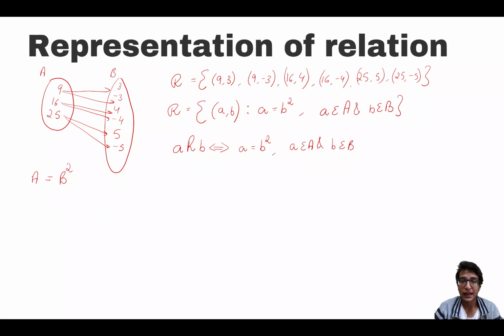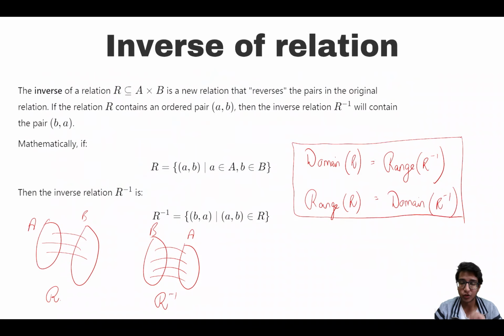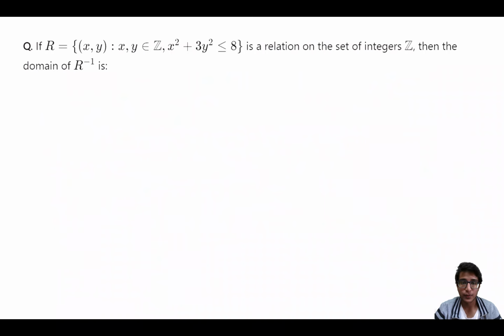And my range would become 9, 16, and 25. However, for R, simply R, my domain used to be 9, 16, and 25, and my range used to be 3, -3, 4, -4, 5, -5, right? So now it simply gets reversed. So that is how we get these values.